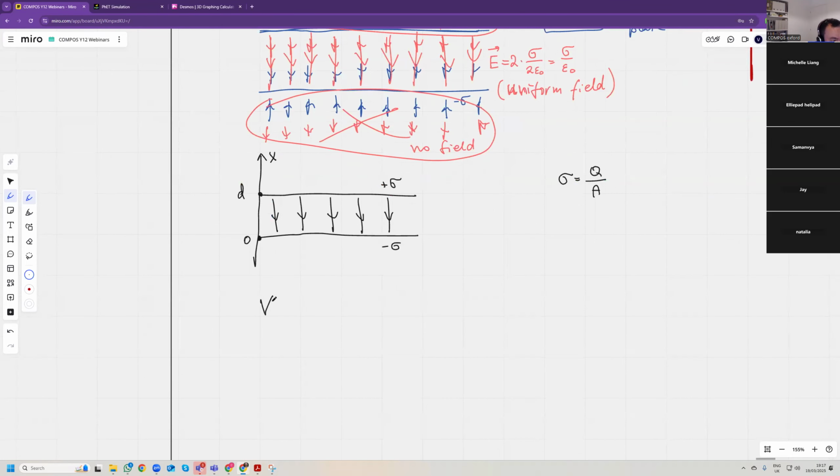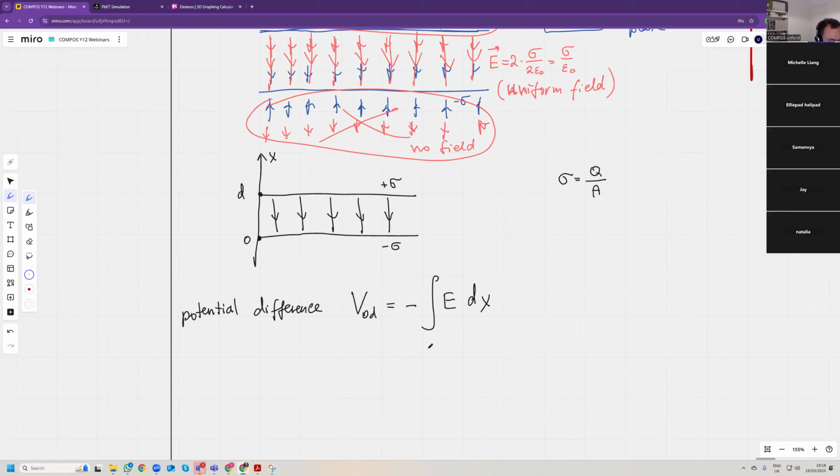The potential difference V between 0 and D is the work done per unit charge moving from 0 to D. So it's minus the integral of E dx.